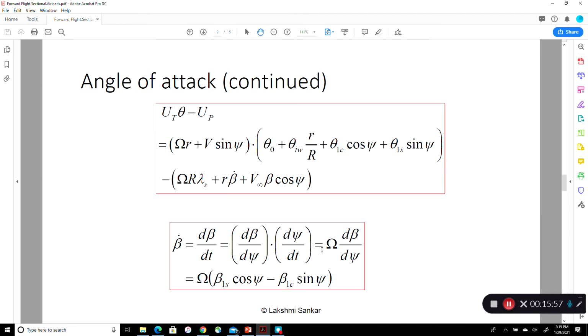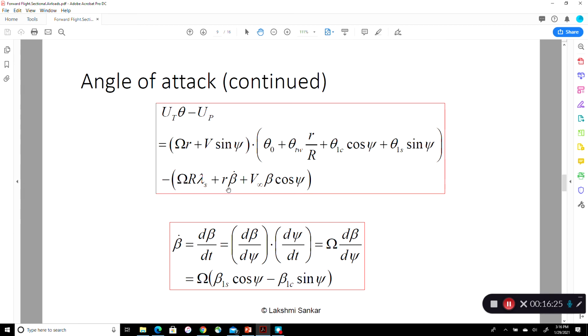D psi dt is the angular velocity in radians per second, times d beta d psi. Beta is a sinusoidal function: beta naught plus beta 1s times sine of psi plus beta 1c times cosine of psi. When you take a derivative of sine of psi, you'll pick up a cosine of psi. When you take a derivative of cosine of psi, you'll get a minus sine of psi. So this is the beta dot.